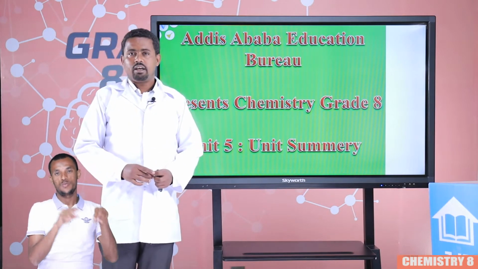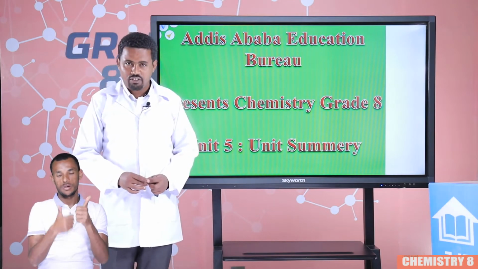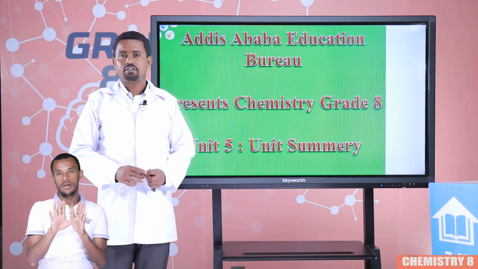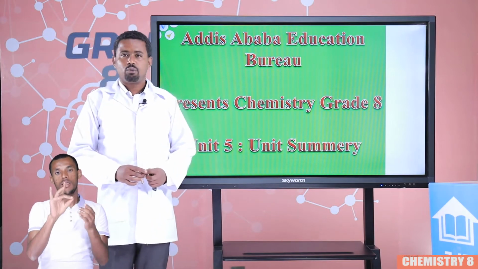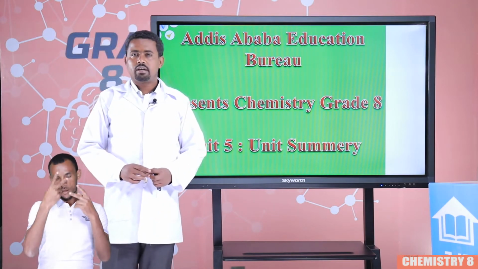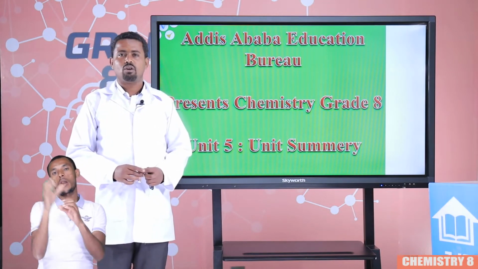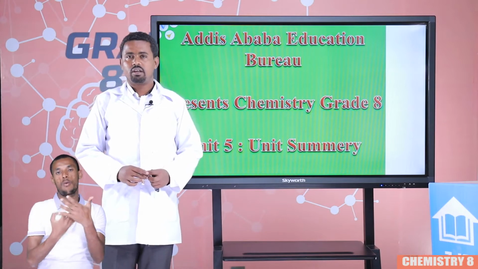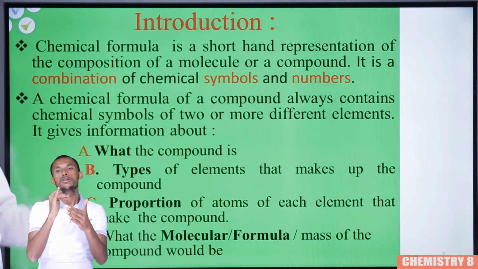Students, in our today's lesson summary, which is Unit 5, the last portion of Grade 8 Chemistry, we tried to see chemical calculations based on formulas. Students, what is chemical formula?